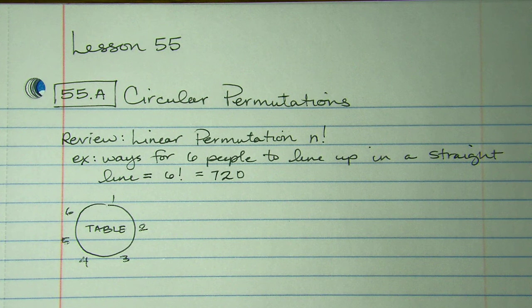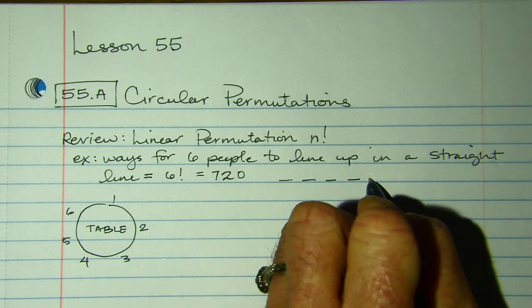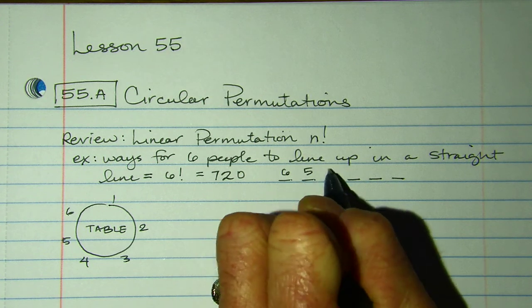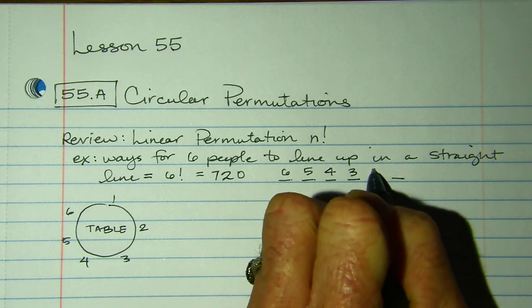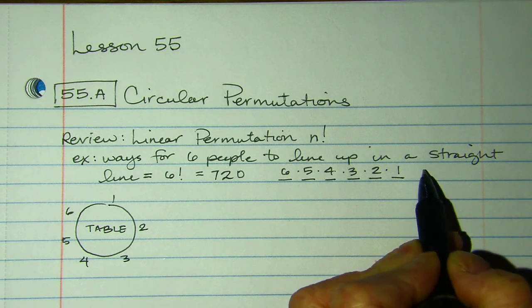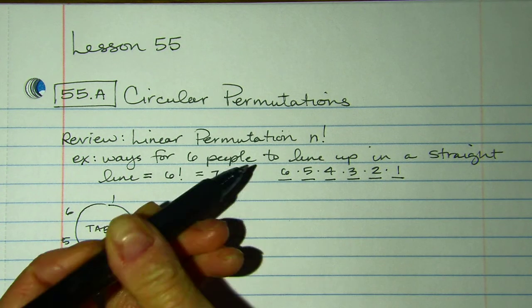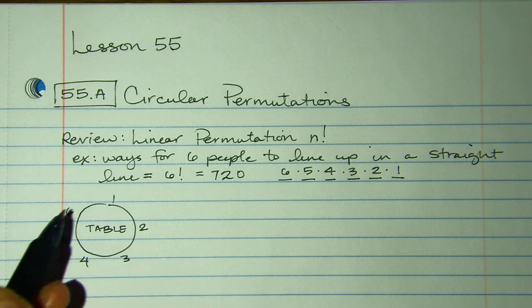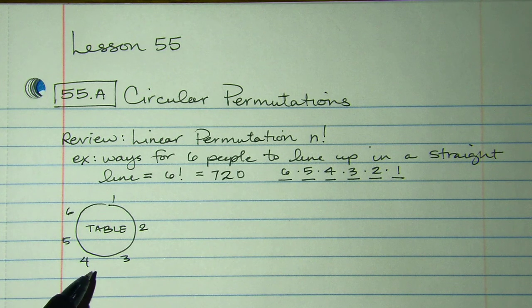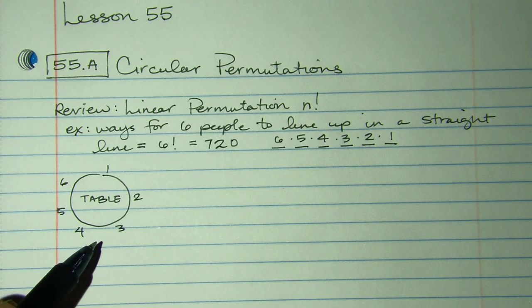If there were 6 of us sitting at a table, it's no longer 6 factorial, because when 6 people are sitting next to each other in a linear fashion, there is no one to the right of this person and there's no one to the left of this person. So we call this linear because you're in a straight line. Circular, every single person has someone on each side, so there are fewer ways that they can sit in order.